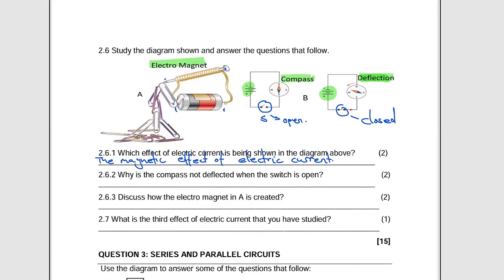So why is the compass not deflected when the switch is open? If I consider this one as A, there is no deflection there. Why? It is because the switch is open. So it is because there is no electric current flowing to create a magnetic field.